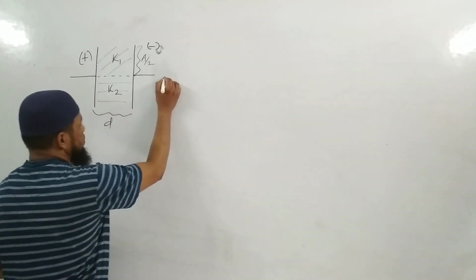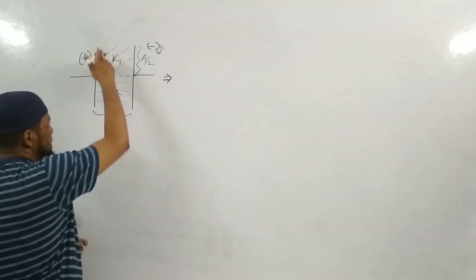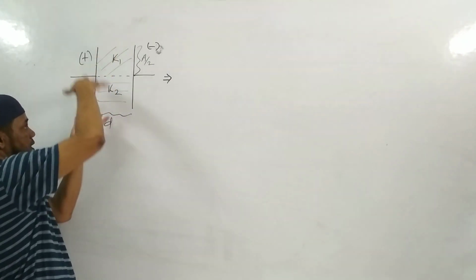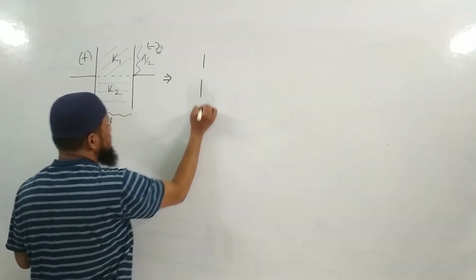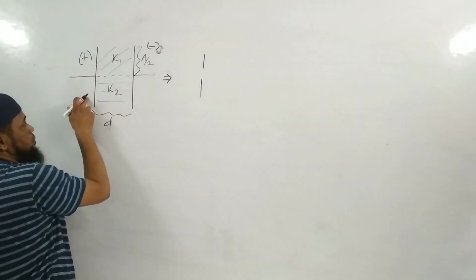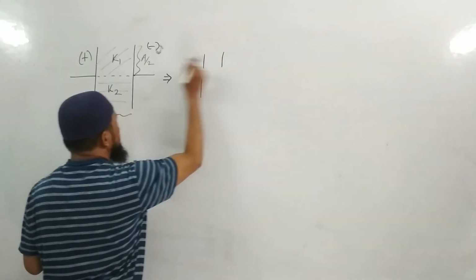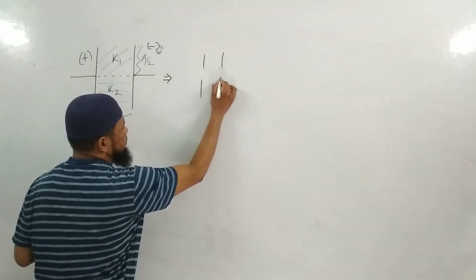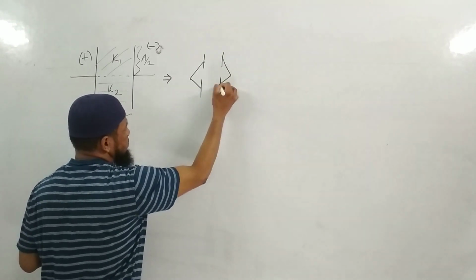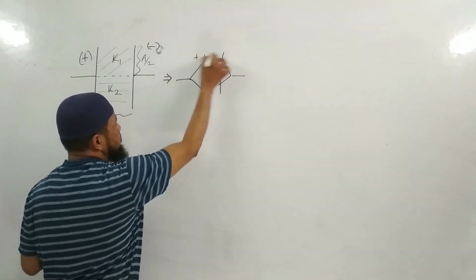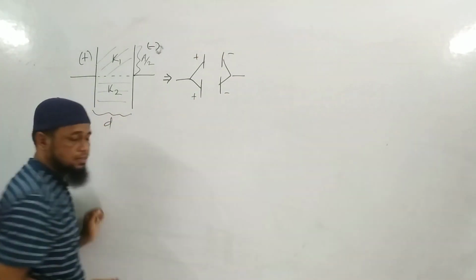So we can assume them to be as if there are two capacitors connected in parallel. Positive plate of 1, positive plate of 2, negative plate of 1, negative plate of 2, something like this we can visualize.